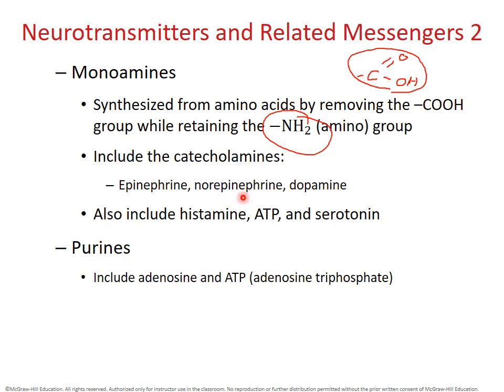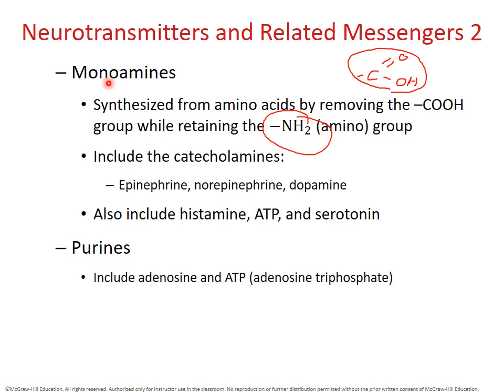So these are neurotransmitters and hormones. Epinephrine also functions as a hormone associated with the fight or flight response. Dopamine is another catecholamine, very similar. Dopamine is a brain neurotransmitter involved in control of muscle function.